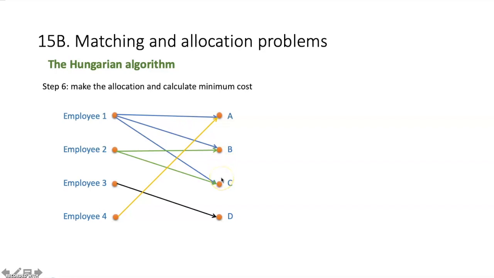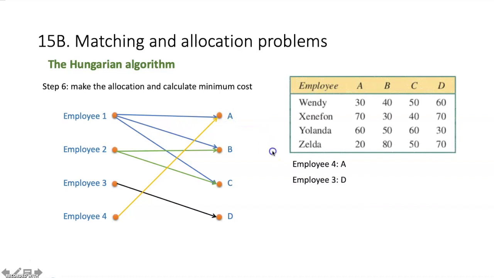For this question, as you can see, employee 3 must use D and employee 4 must be assigned to use machine A. So you can write down employees 4 and 3 first, and then we're left with employees 1 and 2.